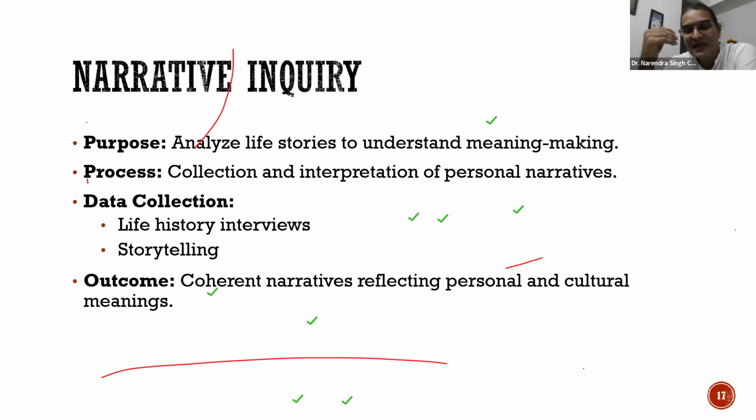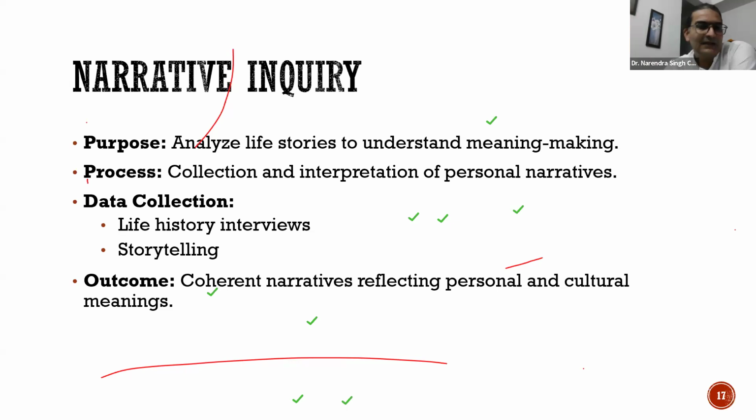Like for example, there are documentaries at times we used to watch. So for example, the Titanic survivors, they were interviewed. Lots of documentaries have been made, right? And you might have seen that with the Titanic, there's one lady who has been interviewed. She was a survivor at that point of time.